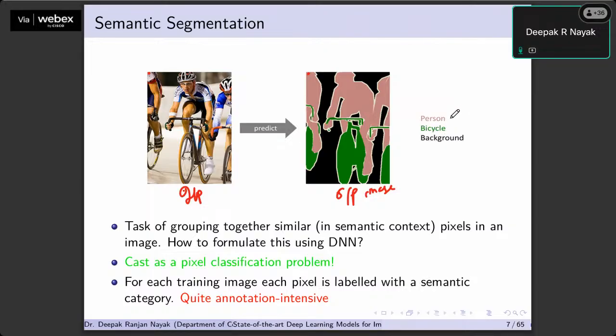Although we know there are 2 classes, person and bicycle, we need to also always consider an additional class, which is known as the background class. Either the pixel will belong to the person category, or the bicycle category, or else the background category. So this whole semantic segmentation problem can be cast as a pixel-level classification problem, where every pixel can be classified into one of these 3 categories. I hope it is clear, right?